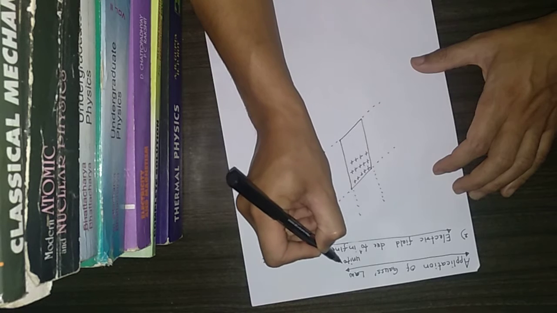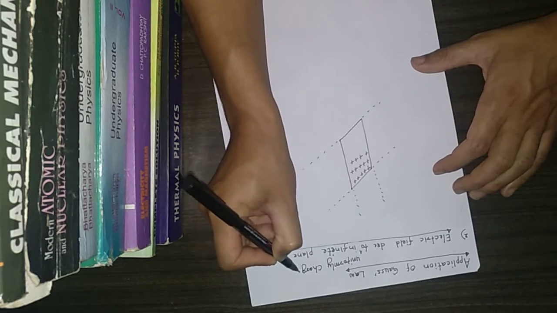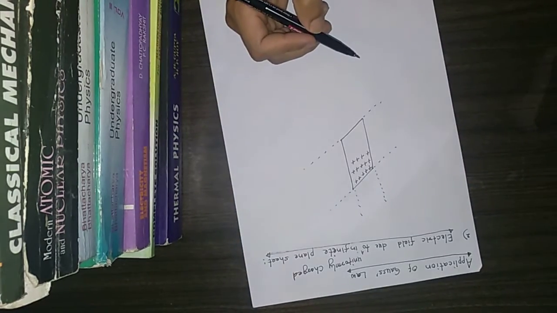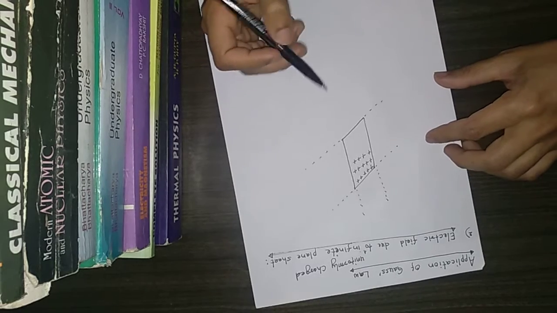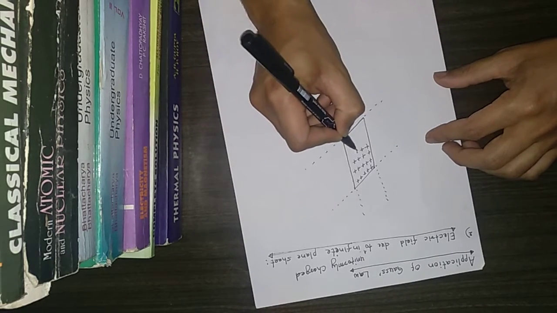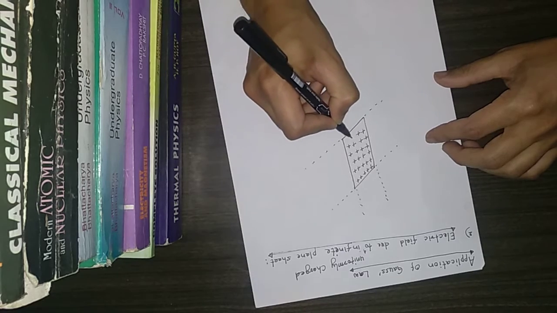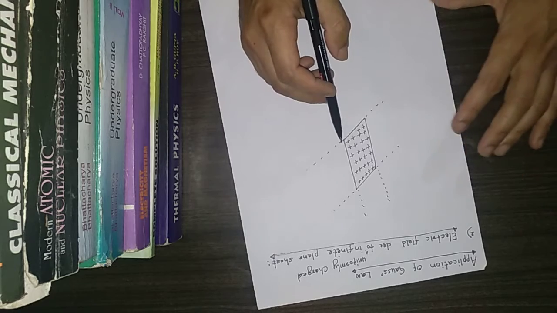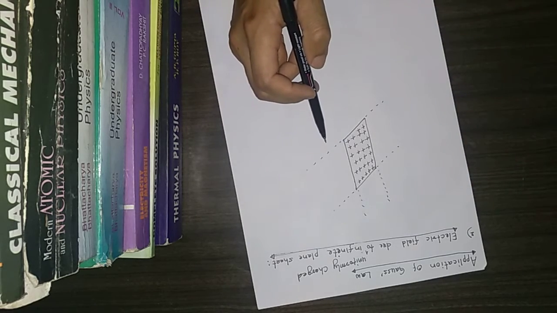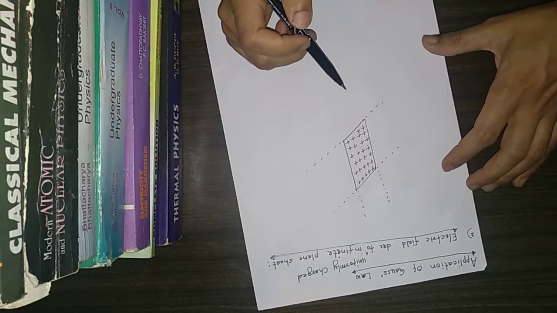Uniformly charged infinite plane sheet. So the electric field due to a uniformly charged infinite plane sheet. Our wish here is to calculate the value of the electric field at its periphery due to this particular infinite plane sheet.